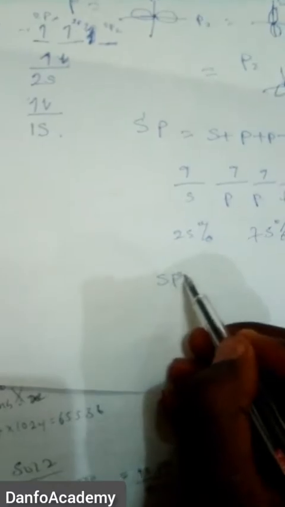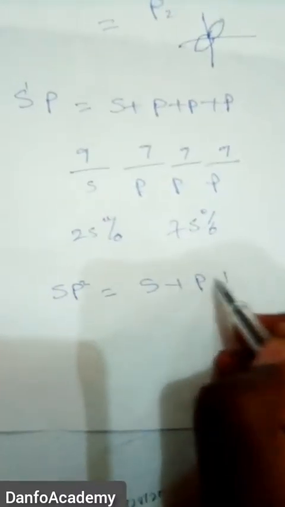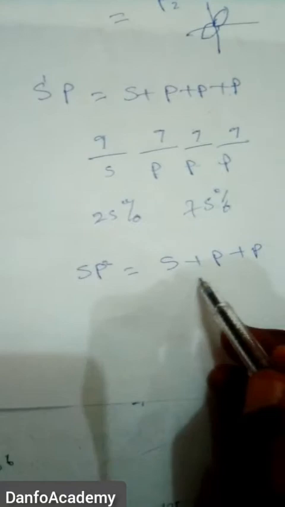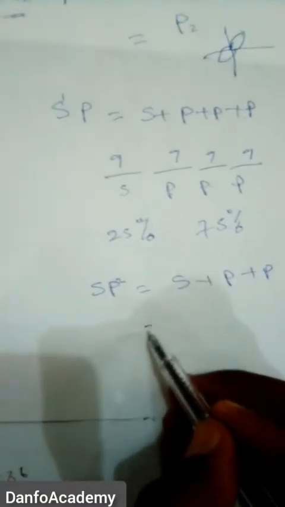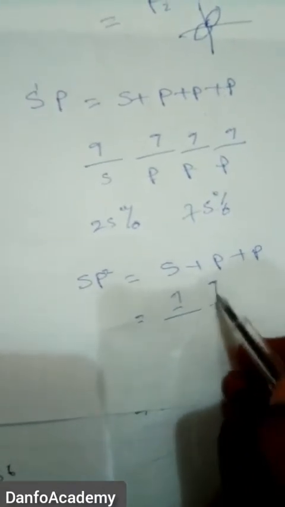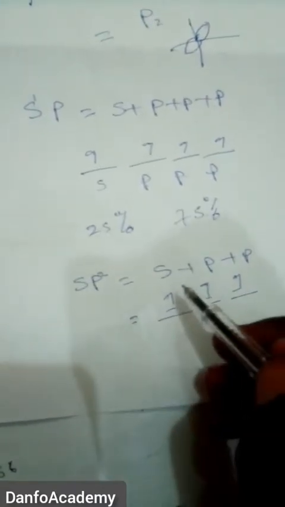Now talking about sp2 hybridization, which is a combination of s plus p plus p. This equates to having one s here, then one p here, then one p here. What about the 2pz?